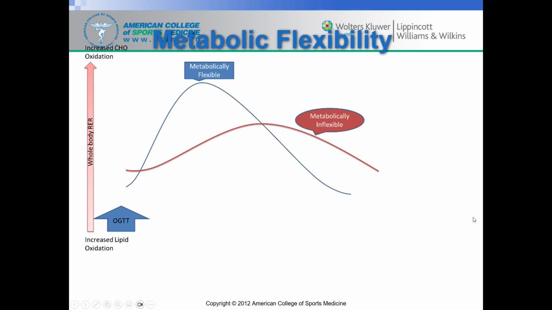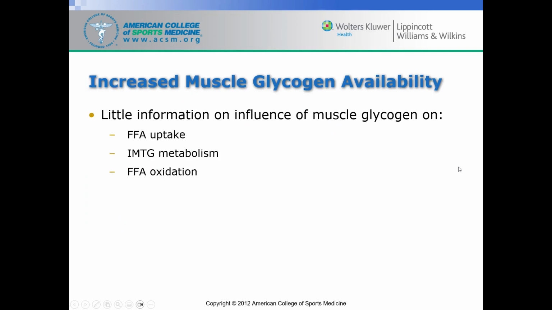So this is a case of food quotient, or FQ, equaling RQ, or RER. So that's the ability to switch substrate oxidation upon stimulation. When you have increased muscle glycogen availability, you can change your free fatty acid uptake, your IMTG metabolism, and even your free fatty acid oxidation.